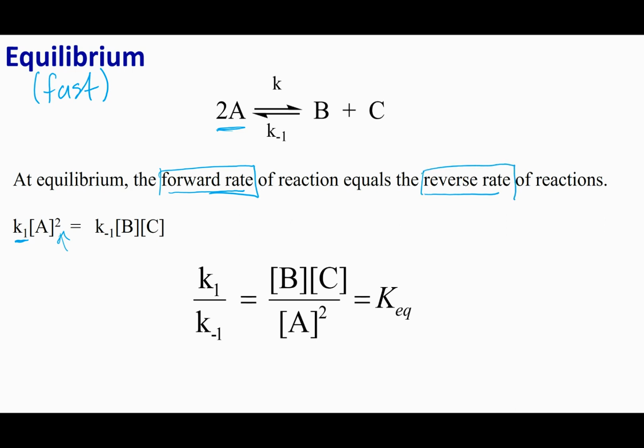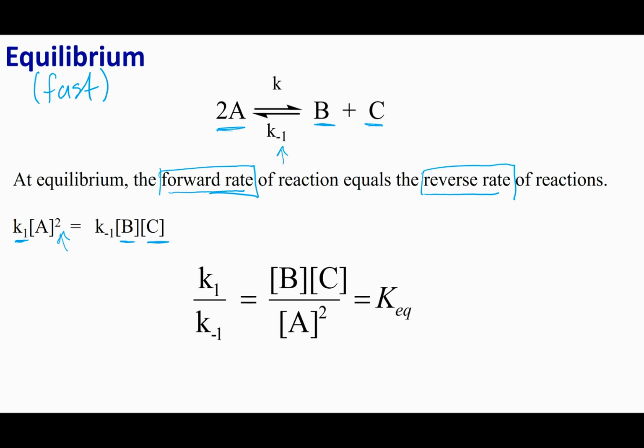So then we have to talk about my reverse rate. The reverse rate is going to be a bimolecular process where I have B and C coming together, each raised to the first order, and my rate constant is going to be k to the -1. Now I want you to note that k1 and k to the -1 have no relation.